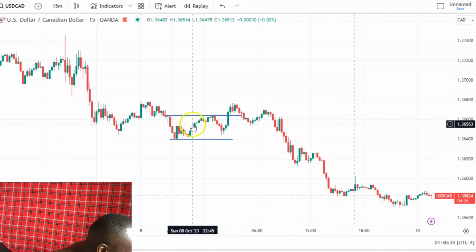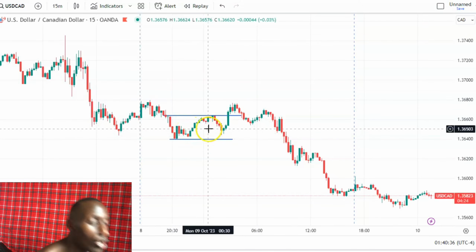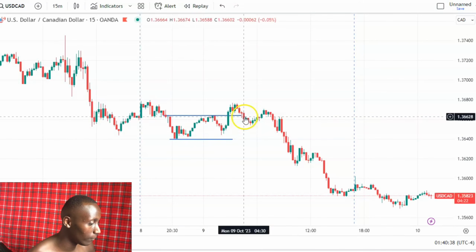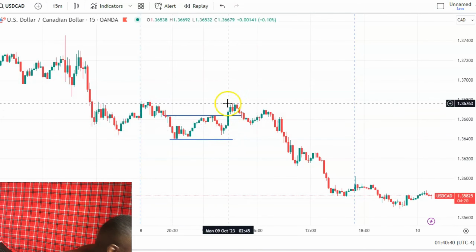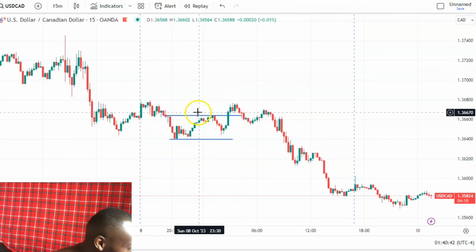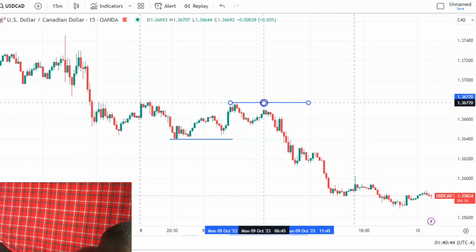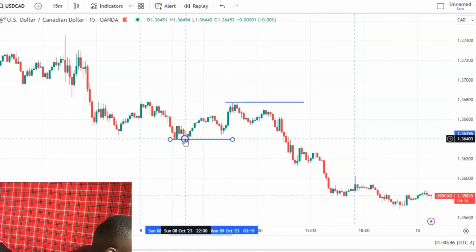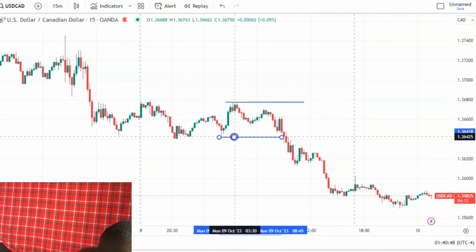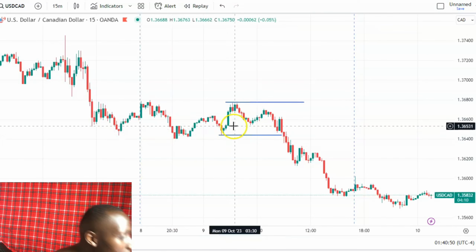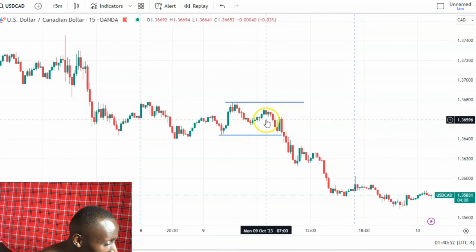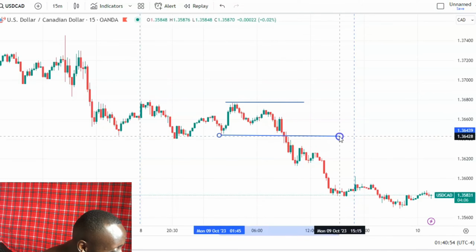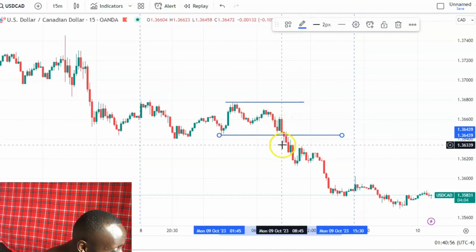So everything inside that high and low is consolidation up until we broke structure to the upside. That resets our new high and our new low. Anything inside here is consolidation up until we break down again.